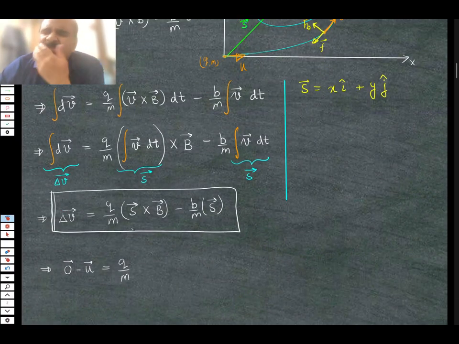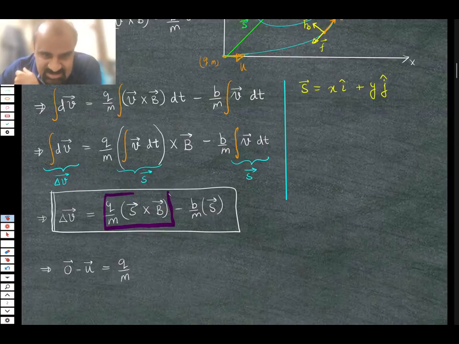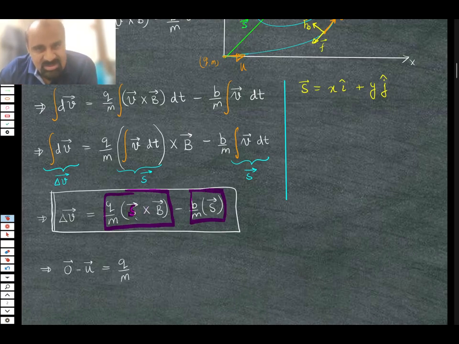So, by the way, before I proceed, let me give you a hint. This is a vector, and this vector, because it is a cross product, is going to be perpendicular to s vector, and this vector is going to be parallel with s vector. So these two are orthogonal vectors, meaning they are perpendicular to each other.